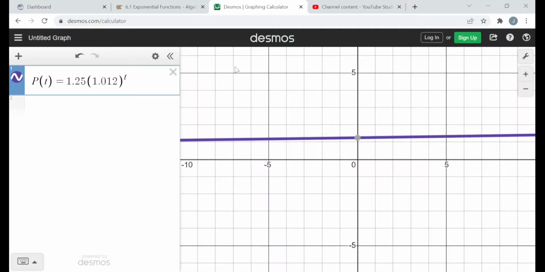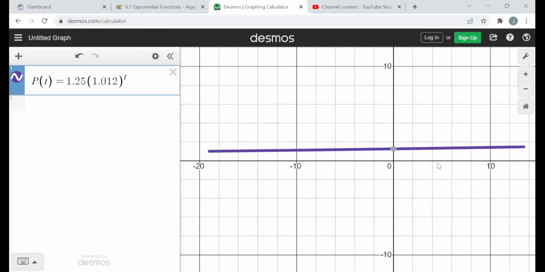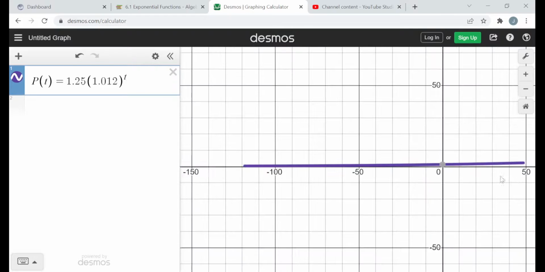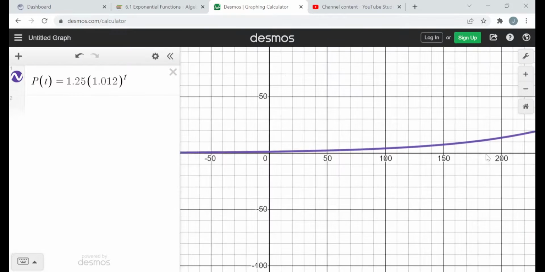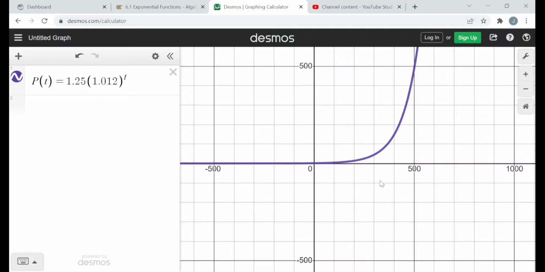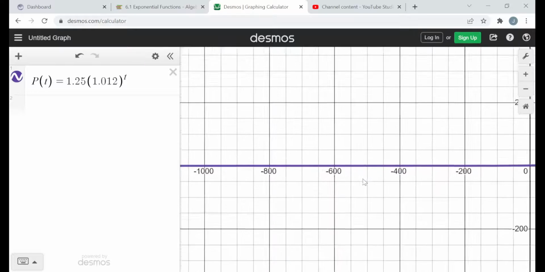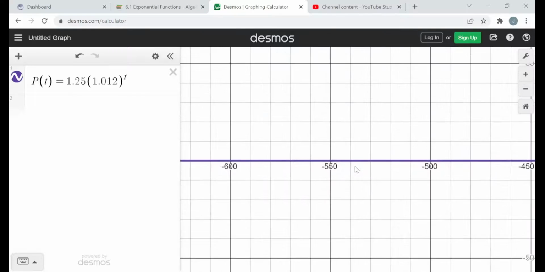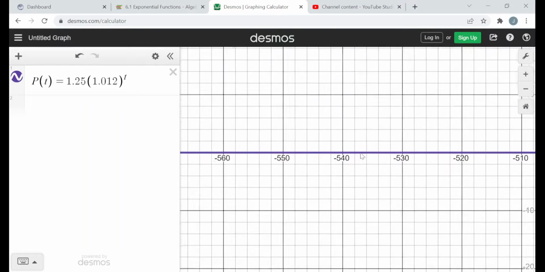And I know it doesn't look like much here, but if you zoom out, eventually you'll see the exponential growth. Alright. And then again, it's got all those same properties. Domain's all real numbers, the range is all positive numbers. I know it looks like it hits the x-axis, but it doesn't, right? Or the t-axis in this case.